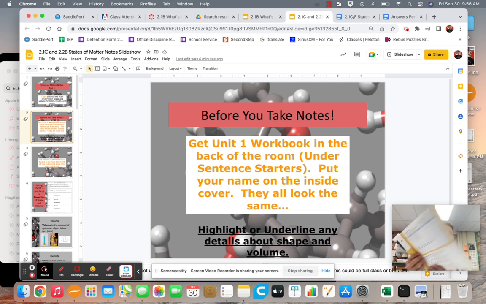On page 11, you are going to see this section of reading right down here. You are going to highlight any details that have to do with shape or volume. You won't highlight everything, just the items about shape and volume as they relate to solids, liquids, and gases. So go ahead and pause while you do that, and when you're finished, I'll see you in just a moment.